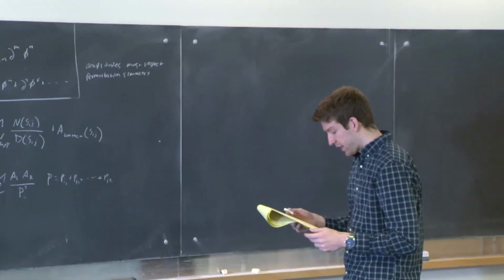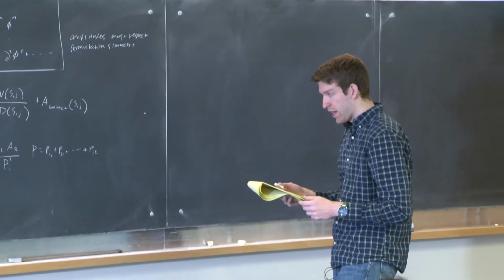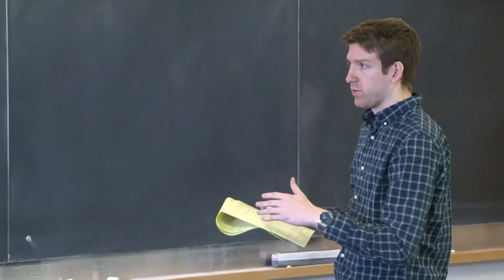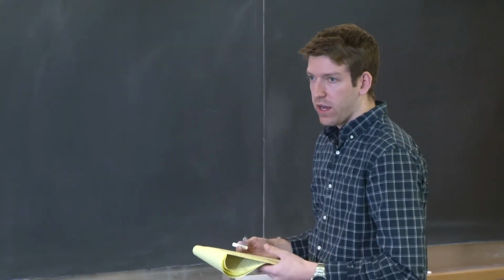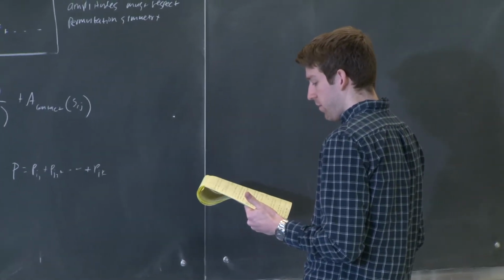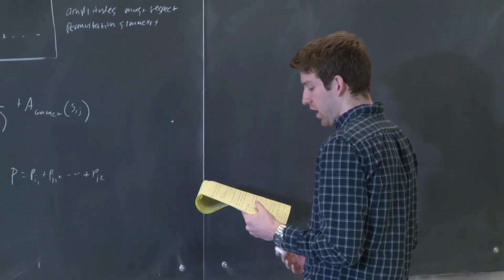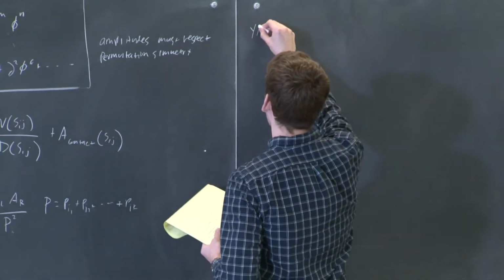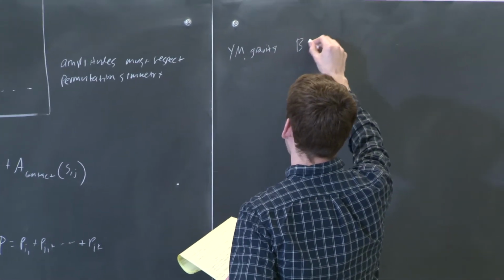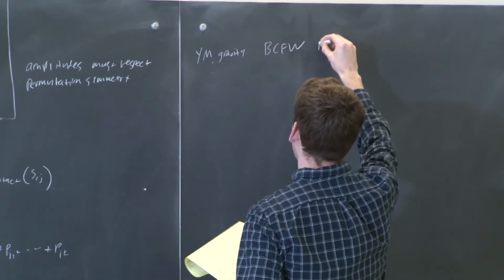Now what I want to get to is one of the main tools we use for further constraining these amplitudes, which is the on-shell recursion relations. Basically, for Yang-Mills and gravity, you may have heard of the pretty famous BCFW recursion relations.